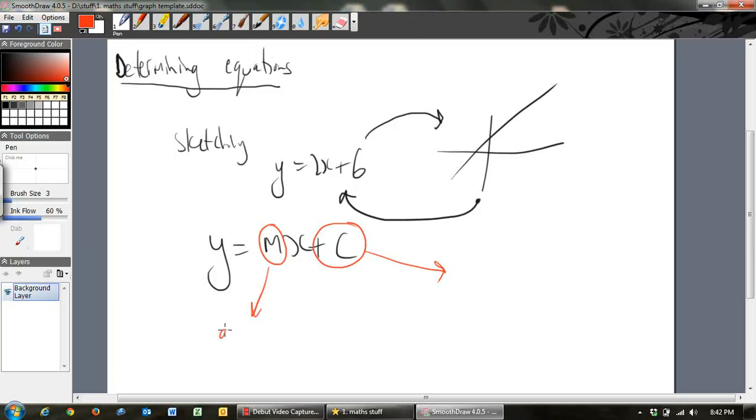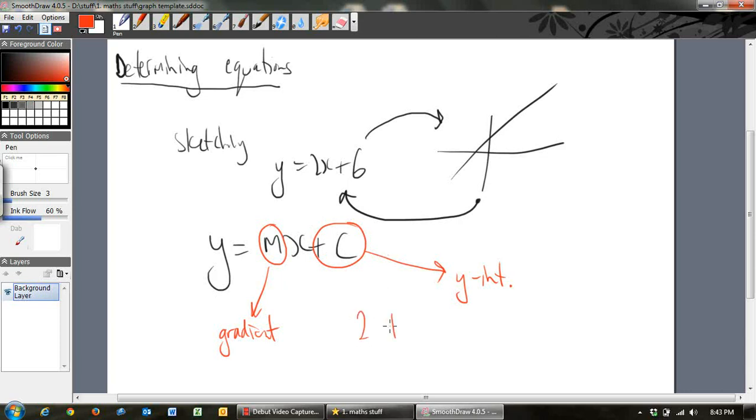Remember, m is our gradient, c is our y-intercept. So any straight line graph can be written as y equals mx plus c. If you can find the gradient and the y-intercept of a graph, then you can write down the equation.